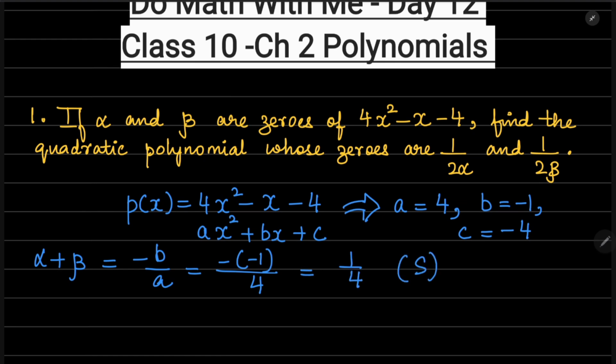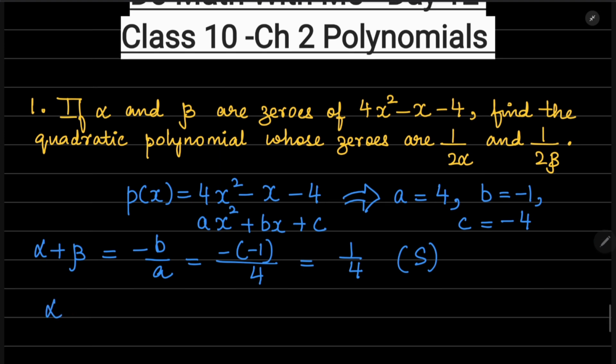Now let me tell you the product of the zeros. The formula is c by a. C is minus 4 divided by a, a is 4, so it is minus 4 by 4, and you'll get minus 1. Minus 1 is your product of the zeros.